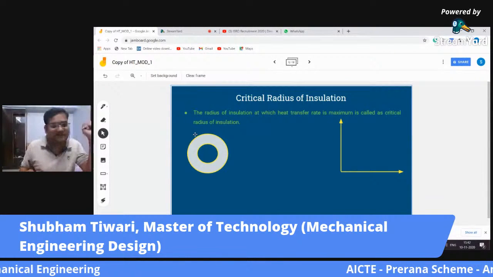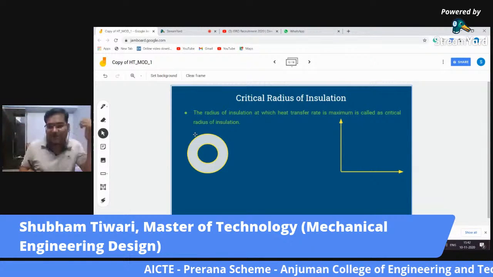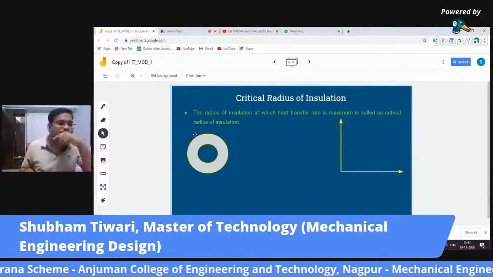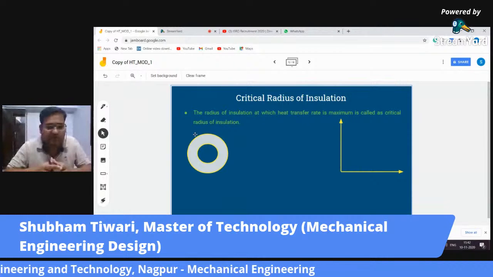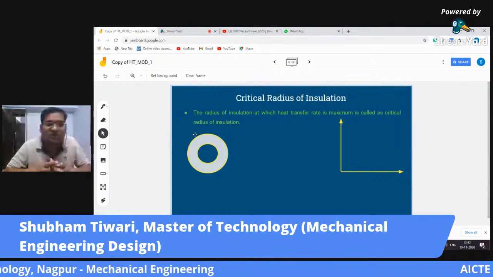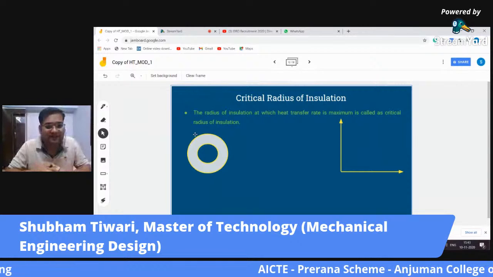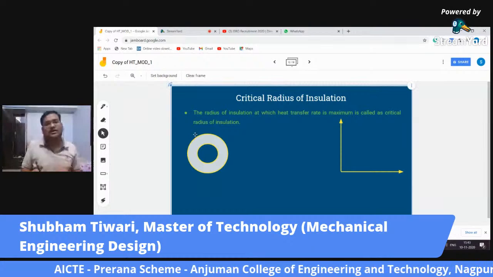That is our general conception. But what if I say that you can also provide insulation to increase the heat transfer? The general thinking is that everyone can tell that insulation is provided to avoid heat transfer. But I am saying that it can also increase the heat transfer rate, and so is the concept of critical radius.